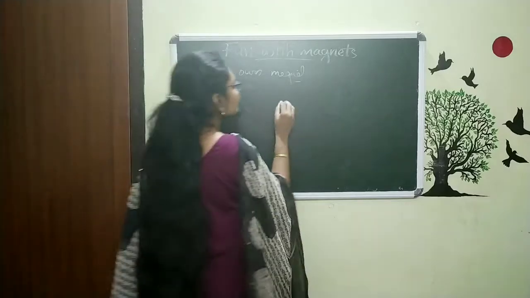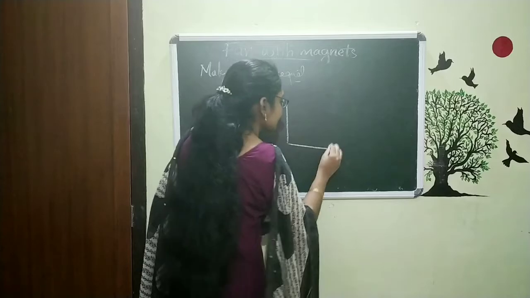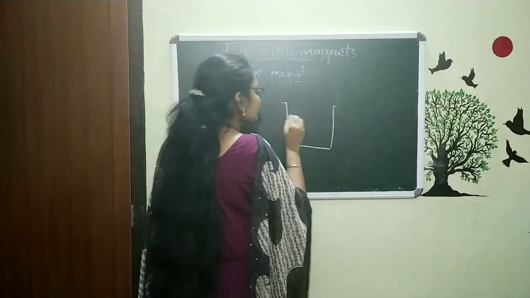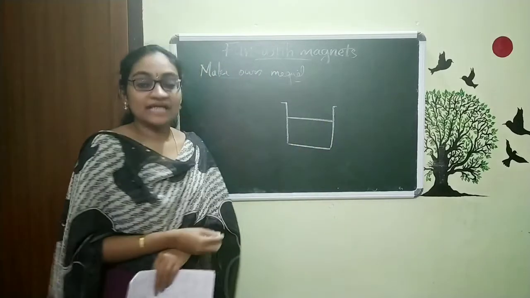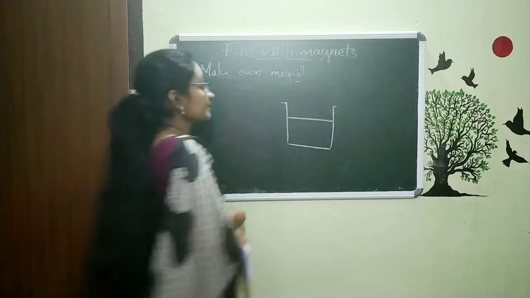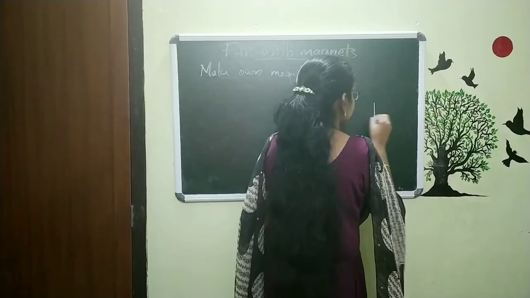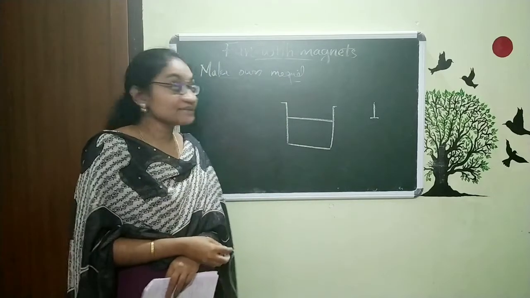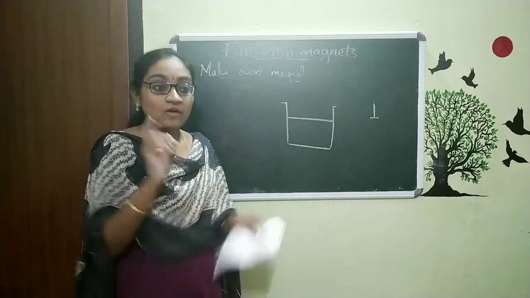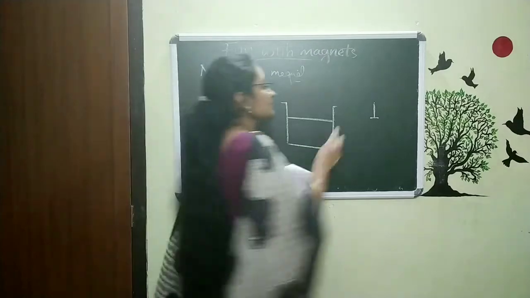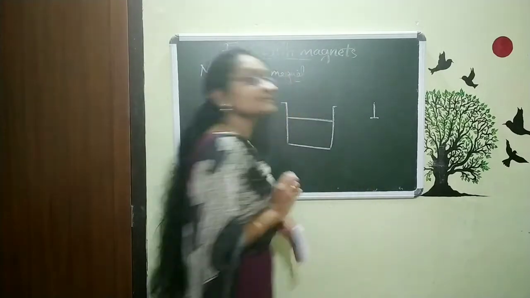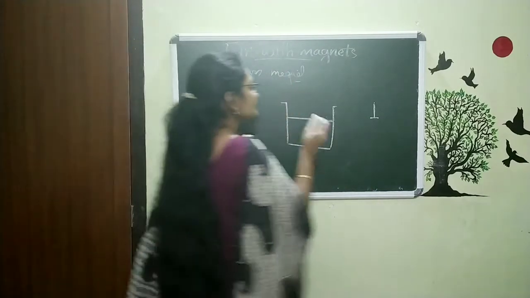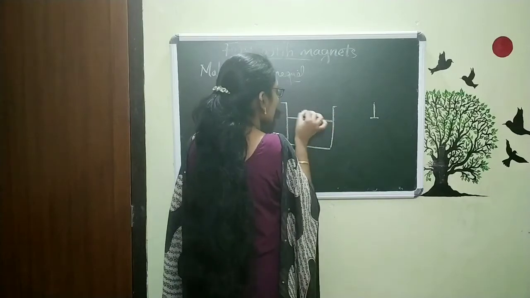That is, just take a beaker, fill it with water, and then take one iron pin, and magnetize this as similar to what we studied with the iron scale. In a similar way, we are just magnetizing this nail, and then take one cork.